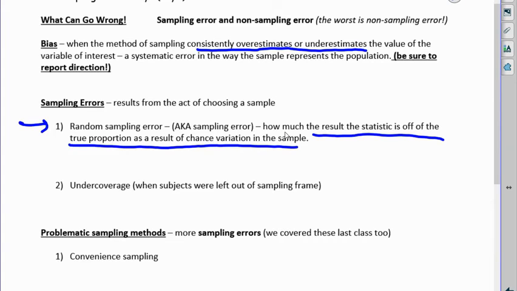Okay, then you have undercoverage. That's when subjects are left out of the sampling frame. For example, if they're trying to come up with a COVID vaccine, well, leaving women and people of other ethnicities out of the sampling frame is undercoverage, and it is not going to allow you to see how women or minorities might react to this vaccine.